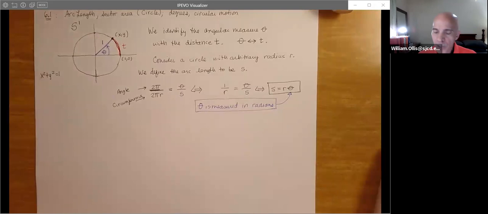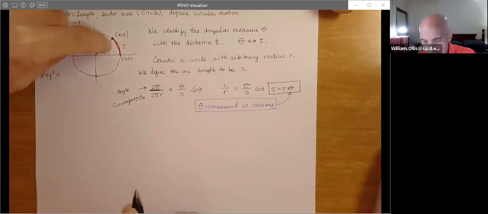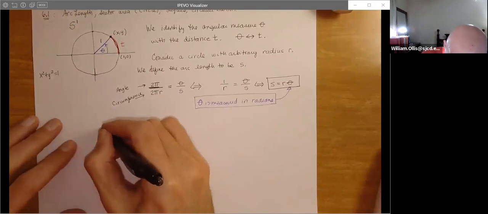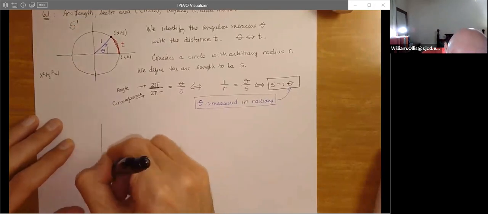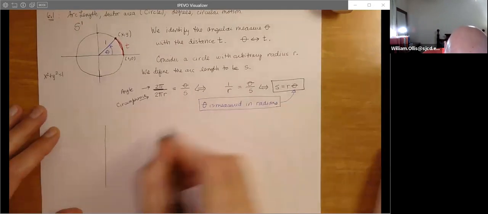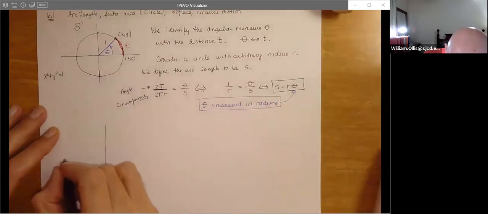Now, the only other thing that we can easily get at this point is we think of this little wedge here. We think of, okay, that's a wedge of a circle based upon the central angle. How can we compute the area of that? And that'll be easy to do too. So let's draw another circle. And again, this will just be arbitrary now that we have the arbitrary understanding.